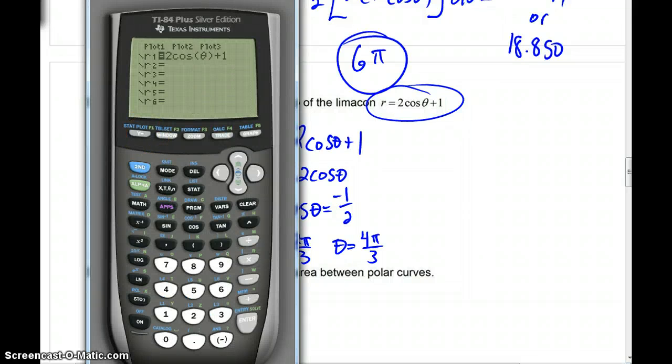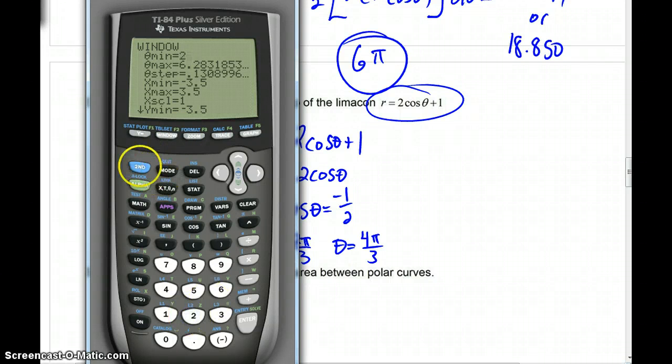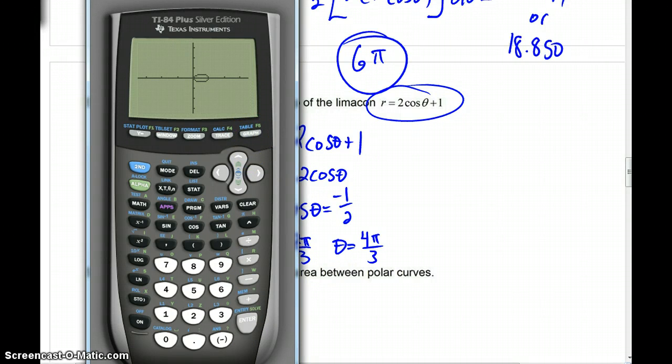Have your window, instead of beginning at 0, begin at 2 pi all over 3. Similarly, let's go to 4 pi all over 3 and see what happens. If we were to graph this out, you would see that's exactly how we would arrive at our inner loop.